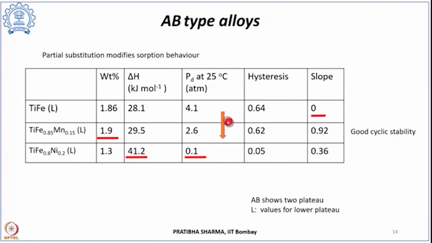So, the desorption pressure decreases as we move from iron titanium to its substitution with manganese and nickel. And this particular alloy, TiFe0.85Mn0.15, is known to have good cyclic stability.